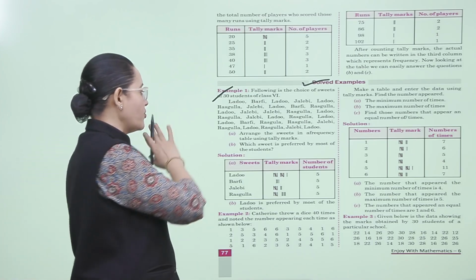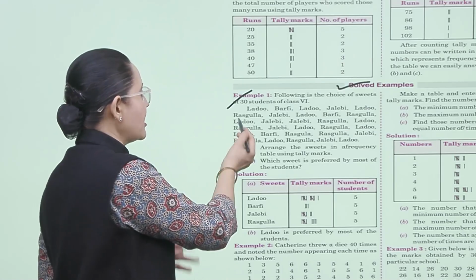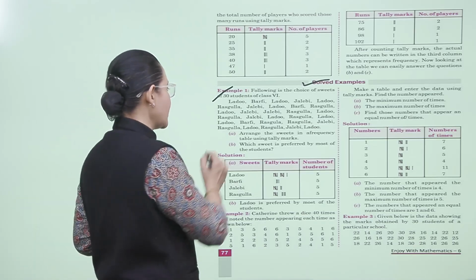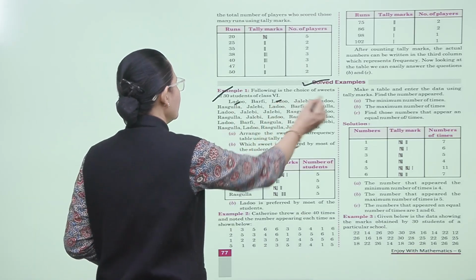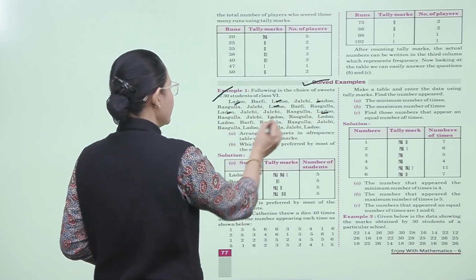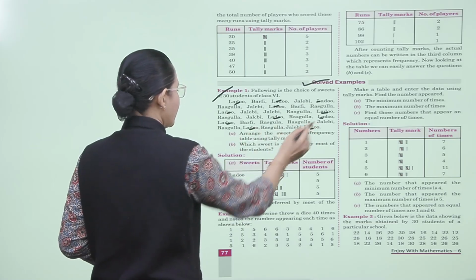So, what will we do? First, we will make a tally table. The sweets are laddu, barfi, jalebi and rasgulla. How many students like laddu? 1, 2, 3, 4, 5, 6, 7, 8, 9, 10 and 11.